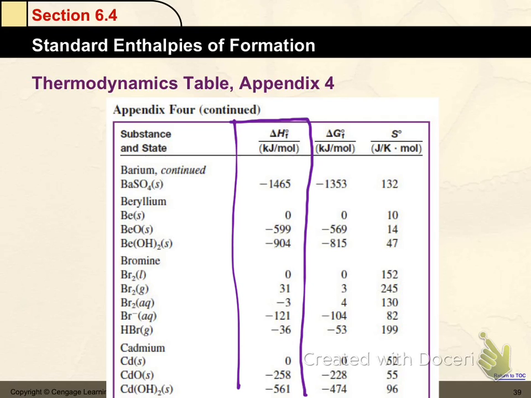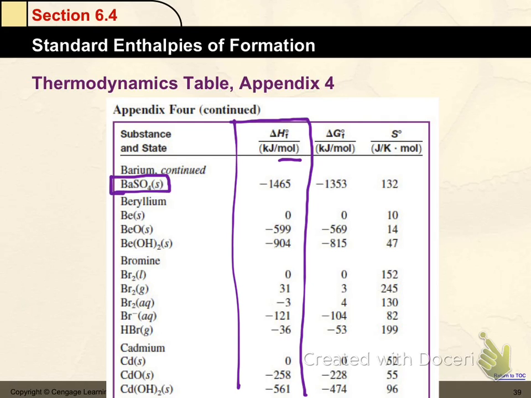So those are our standard heats of formation. Notice, again, they're in moles. So for 1 mole of barium sulfate in the solid form, if we want to form barium sulfate from its constituent elements, barium, sulfur, and oxygen, that process will actually release a total of 1,465 kilojoules. That's quite impressive. That's pretty toasty.